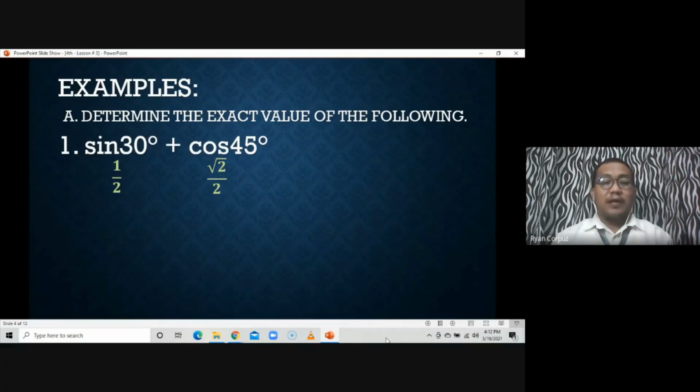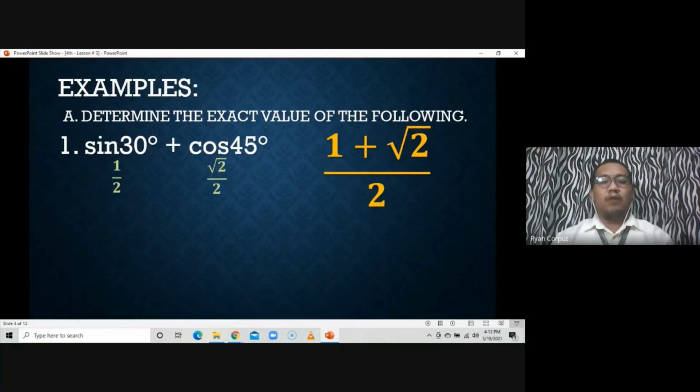The same thing happens here. So 1 plus square root of 2 over the same denominator 2. The final answer will be 1 plus square root of 2 all over 2, because we cannot combine 1 and square root of 2 as they are two different terms.